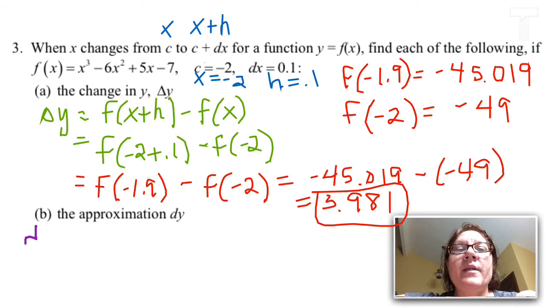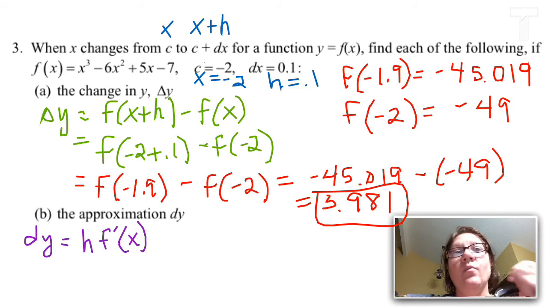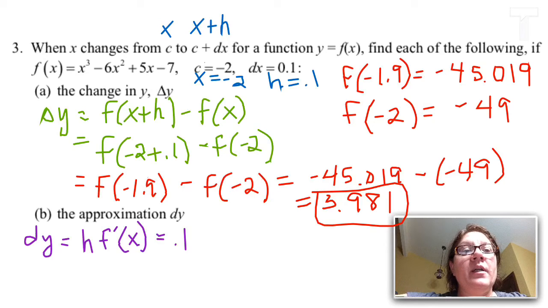So remember, my differential was h times the derivative. So that's the amount x changed times the slope. And I know that h is 0.1. And I'm going to need f prime of x, which is -2.